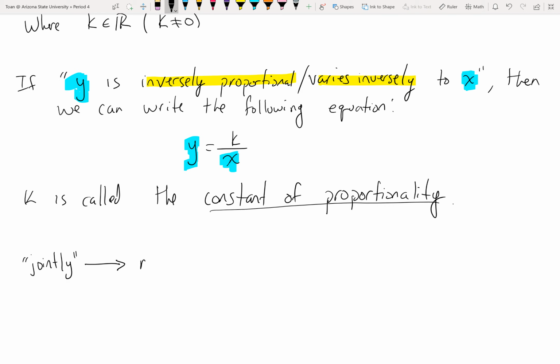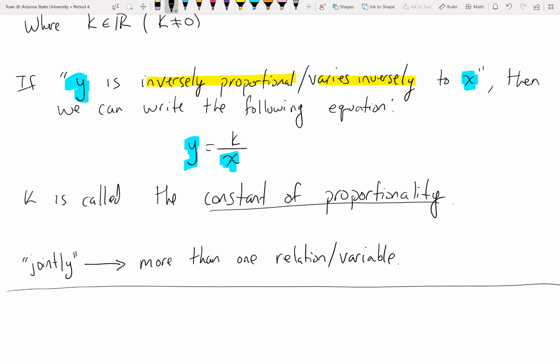All it simply means is more than one relation or variable. A proportion doesn't always have to exist between only two things. You could have one variable being proportional to many things at the same time, so they'll just throw the word jointly in there. In terms of vocab, that's all we need to know.